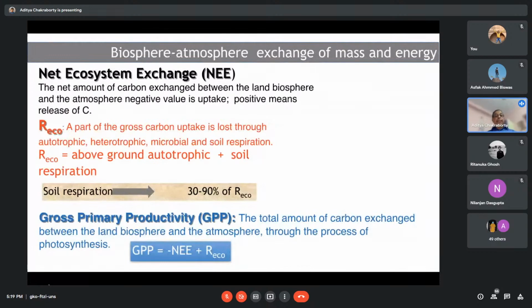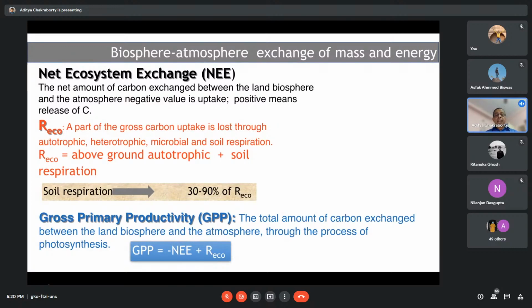Now there is another terminology called gross primary productivity. Arithmetically it can be written as GPP equals minus NEE plus RECO. As I told you, when carbon is absorbed, we denote it with a negative sign. Please note that GPP and RECO are always positive.